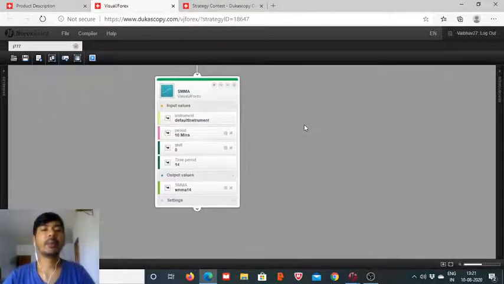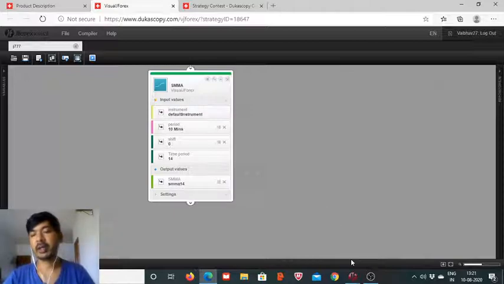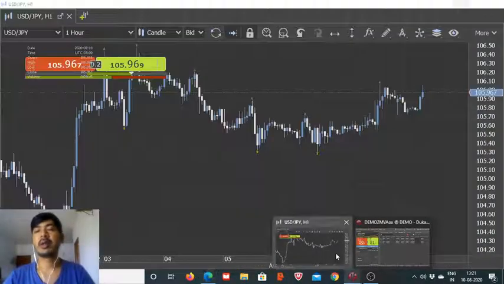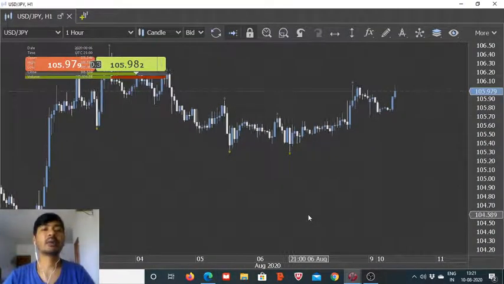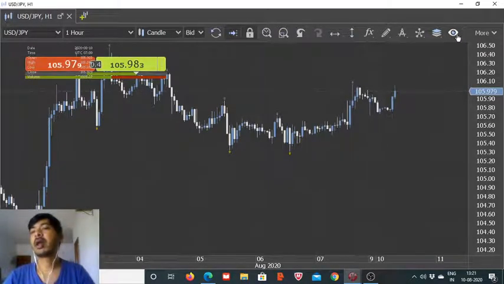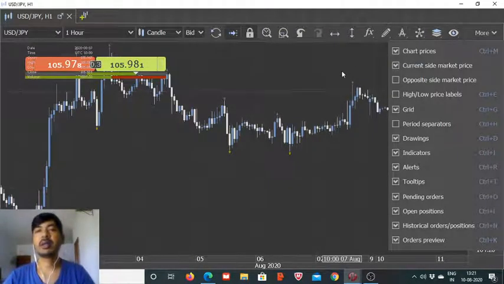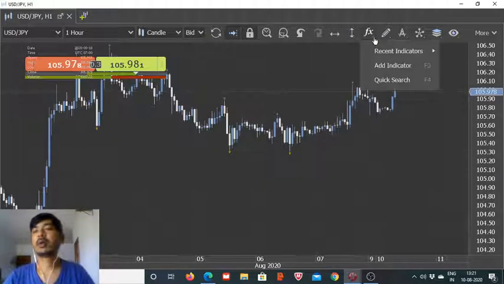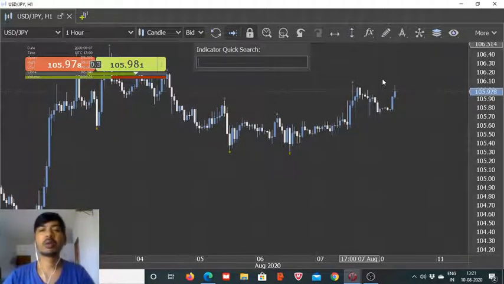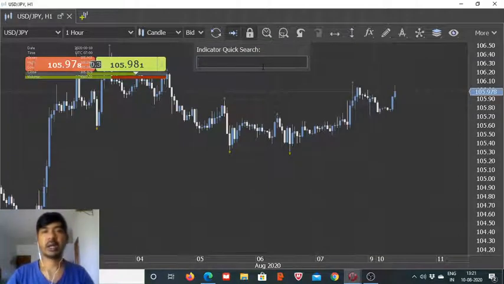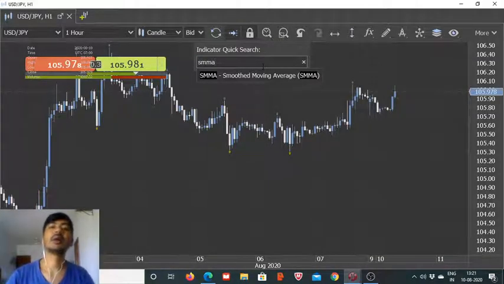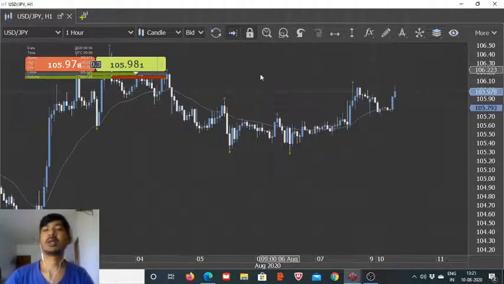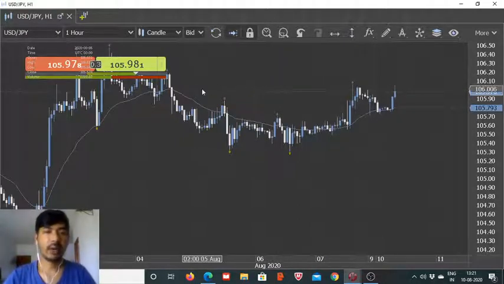Now let us also add this tool on the charts, so that we are able to understand what the SMMA is all about. All you have to do is go to the chart and type SMMA in this indicator quick search, and then you have it.